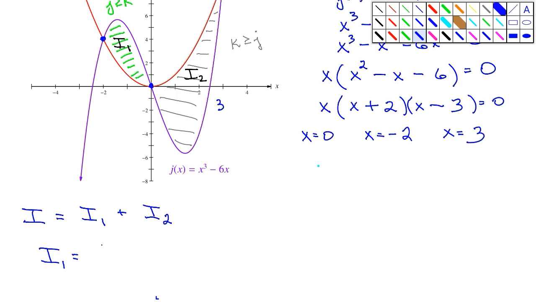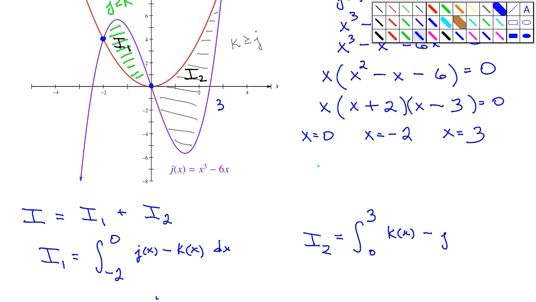So I1 is going to be the integral from -2 to 0 of j of x minus k of x dx. And then I2 is going to be the integral from 0 to 3 of k of x minus j of x dx. And we just compute these separately and add the result.